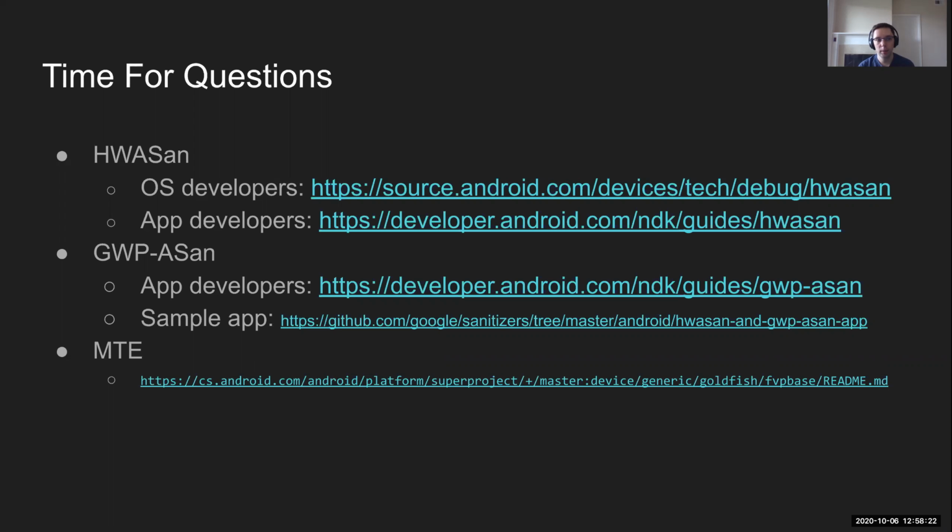And for MTE, in case someone wants to try it, the simulator is slow. It slows down the code about 100x times slower. But there is a way to build AOSP Android and run it there and see it in action.